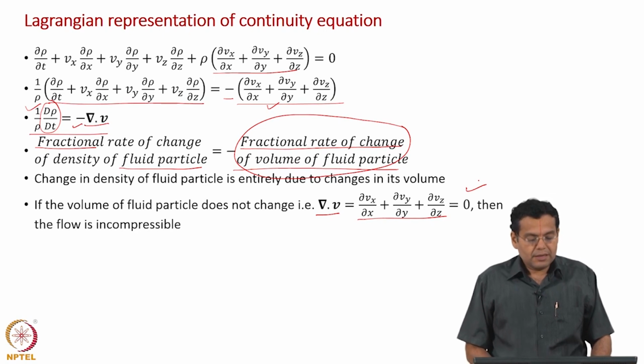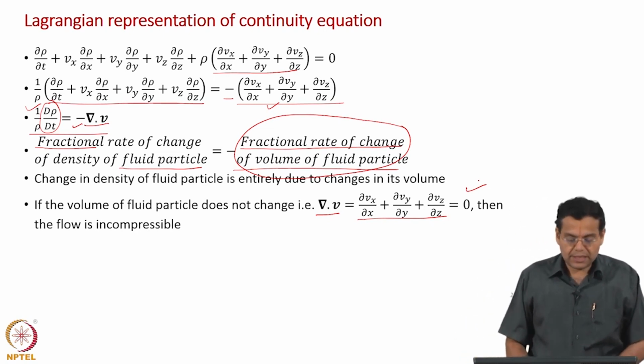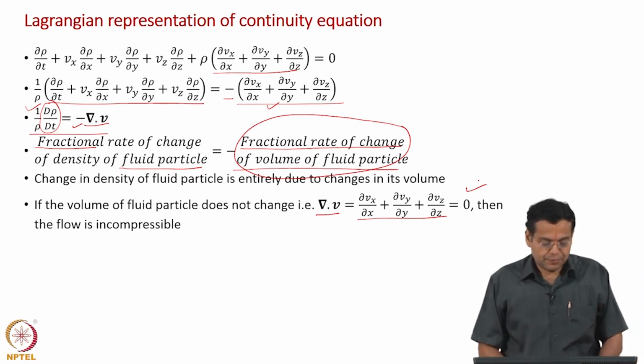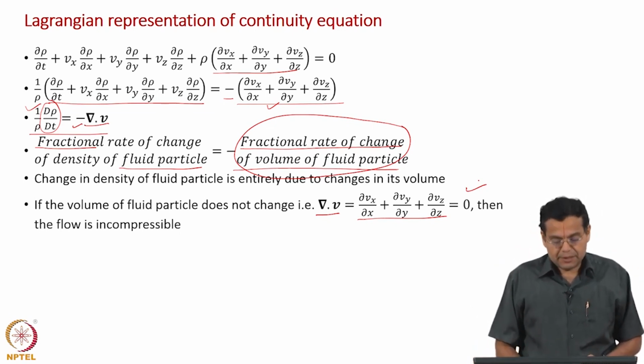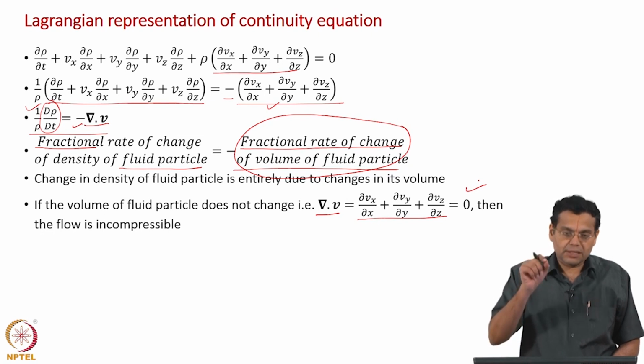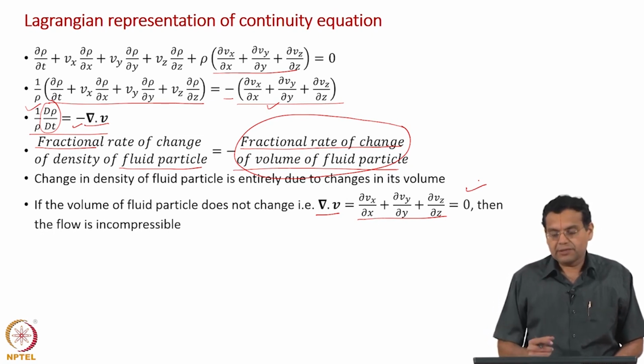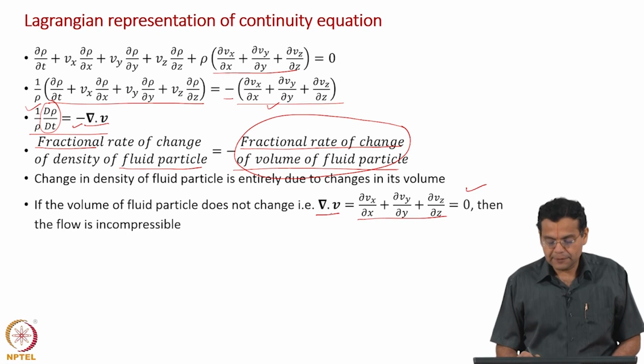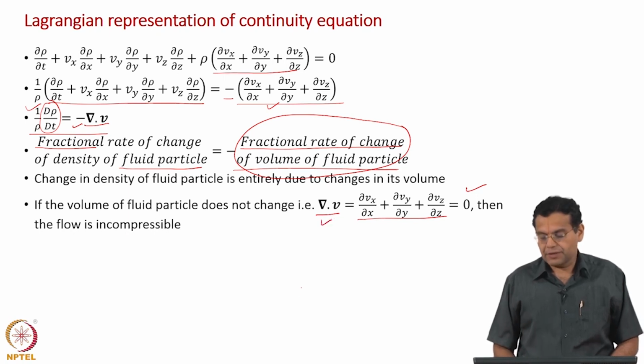Then of course, the flow is incompressible. So, this is a very physically meaningful definition of incompressible flow. If you follow a fluid particle and its volume does not change, then we say the flow is incompressible. What is the condition? Del dot V is equal to 0.